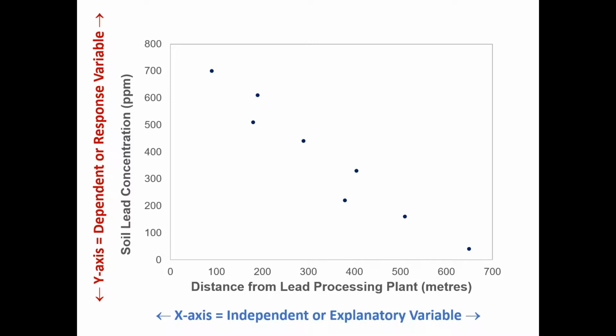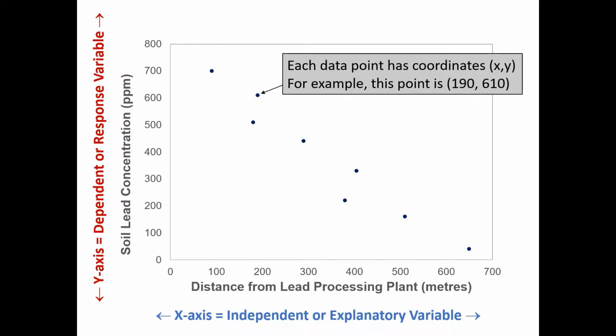Usually, we have our independent or explanatory variable on the x-axis and our dependent or response variable on the y-axis. Each dot here represents a measurement, and it has its own coordinates. For example, this point has an x value of 190 and a y value of 610.